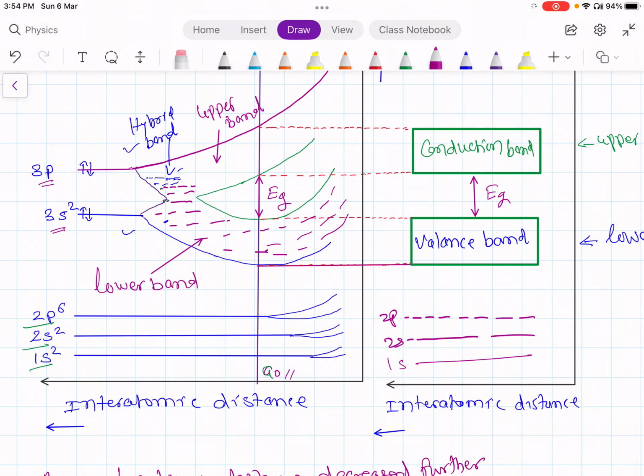If you supply thermal energy, the electrons in the valence band absorb that thermal energy, and if that thermal energy is more than the energy gap, then electrons are excited into the conduction band, which produces holes in the valence band and electrons in the conduction band. Both are charge carriers, and current can flow through it.